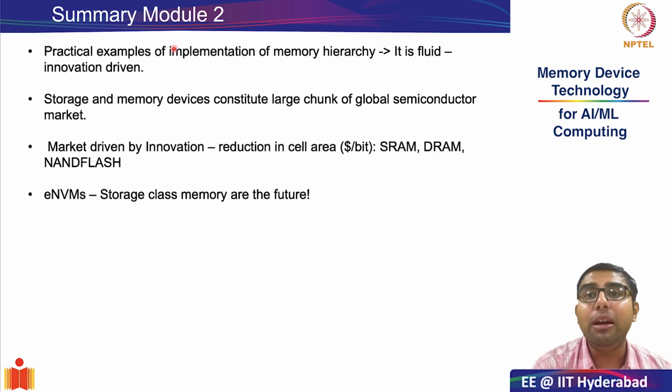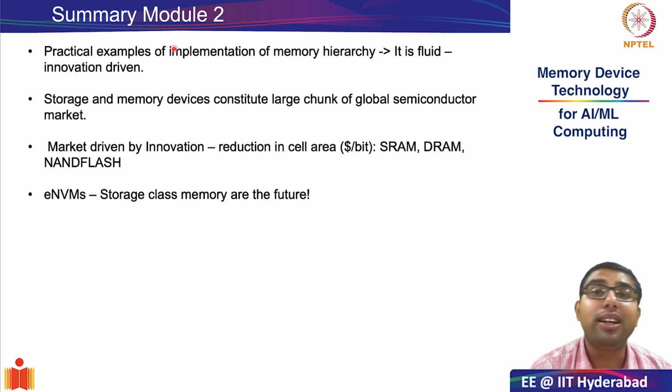Next, we did a deep dive into the commercial or economic aspects of the global semiconductor memory market, and we saw that the memory market is driven primarily by innovation. All companies are essentially trying to reduce the cell area and therefore optimize the cost per bit.